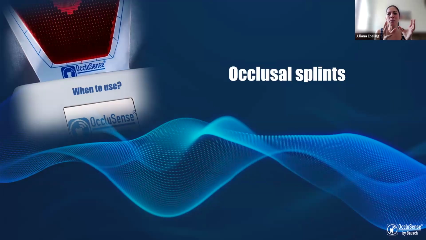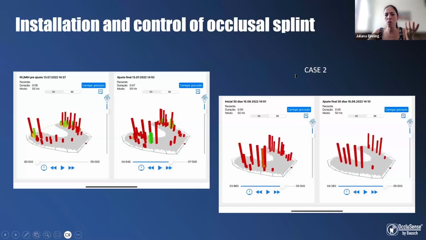This is the final adjustment of your splint, and then we can make controls over time, and we decide this period for each patient, and then we can show them that this first adjustment is not kept because they have bruxism activity, and they are changing this contact, and it's very helpful to show them.